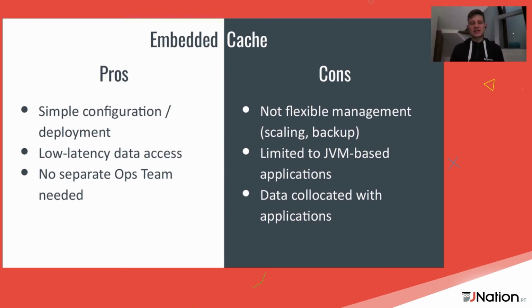Also, from the downsides, data is collocated with applications. It may not sound like a big thing. However, if you go to any big enterprise, it's actually a big problem for them. So they want you to have the data separately. If you have a big banking system, I can tell you upfront, they won't use embedded cache.